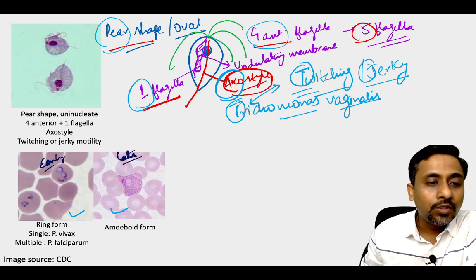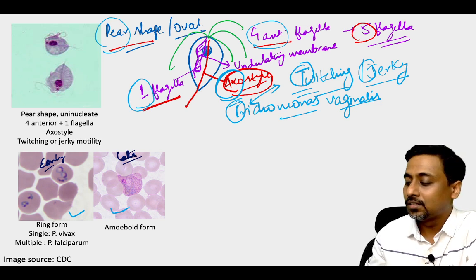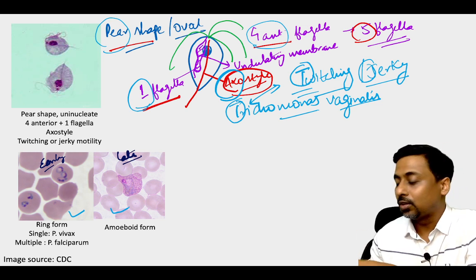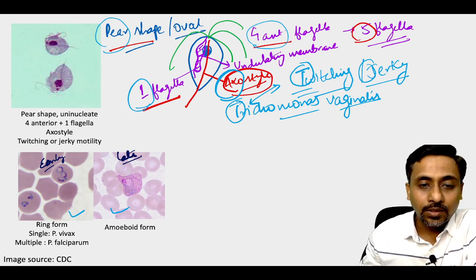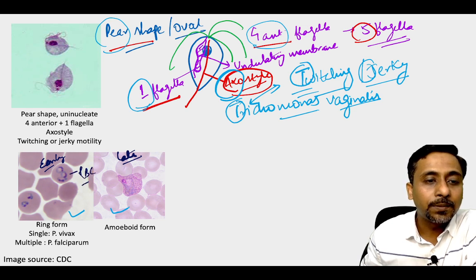Okay, so you can see in early trophozoite forms the trophozoite looks like a ring. And this is present inside the RBC. This is the RBC, and this trophozoite is present inside the RBC.